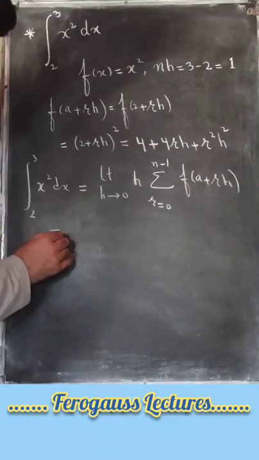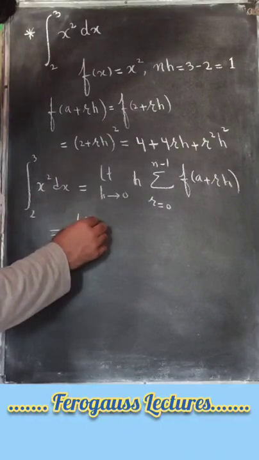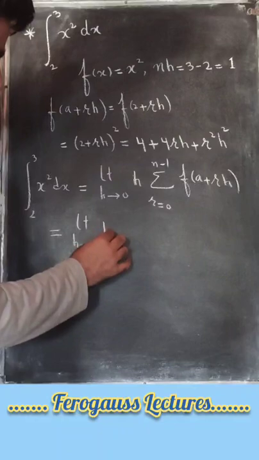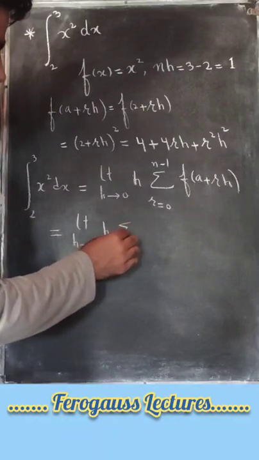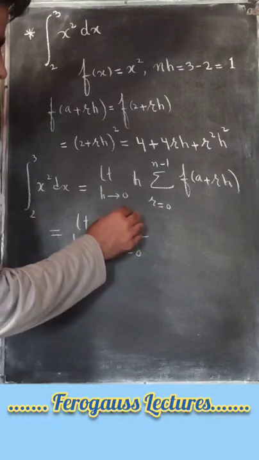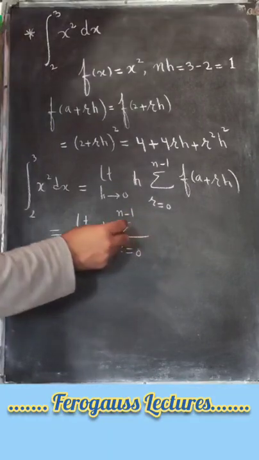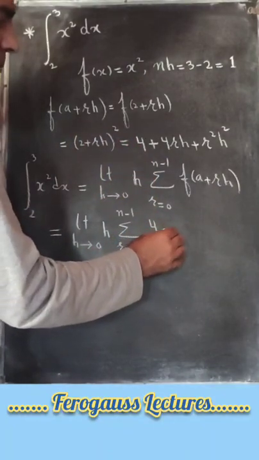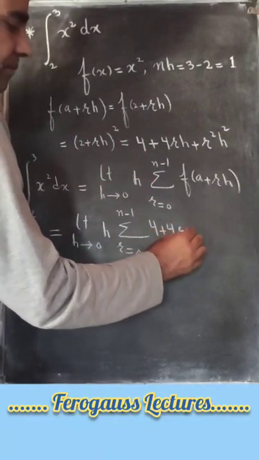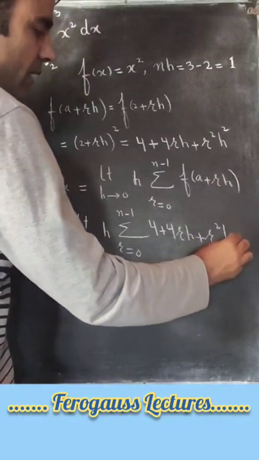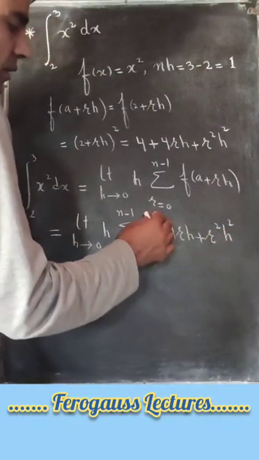That is equal to limit h tends to 0, h times summation r running from 0 to n minus 1. Now instead of f of a plus rh we have 4 plus 4rh plus r square h square. Okay.